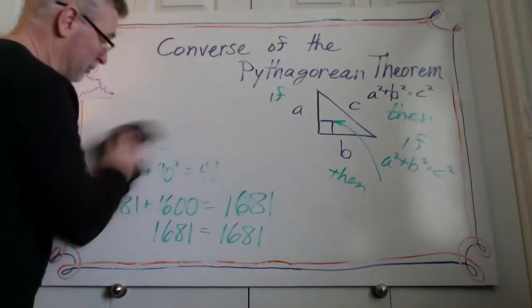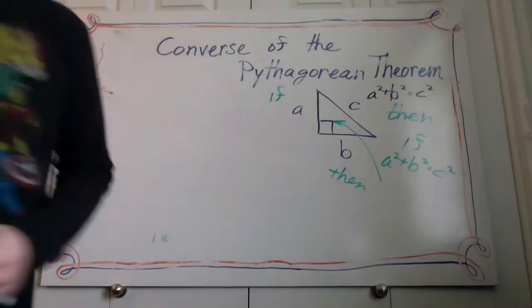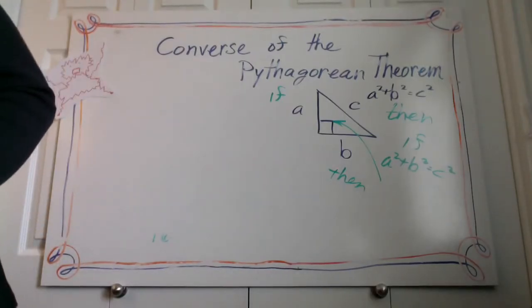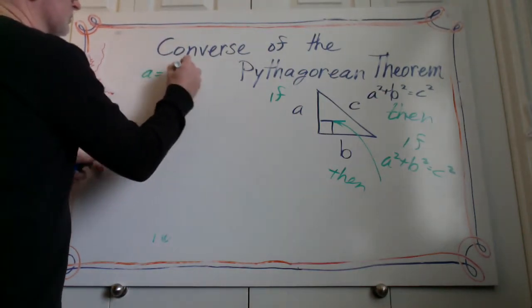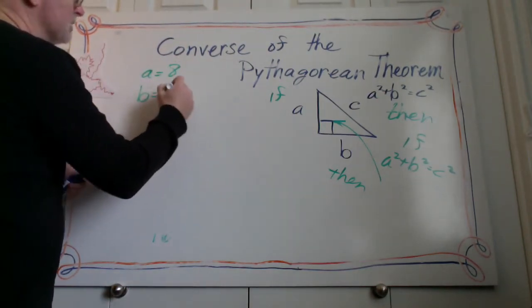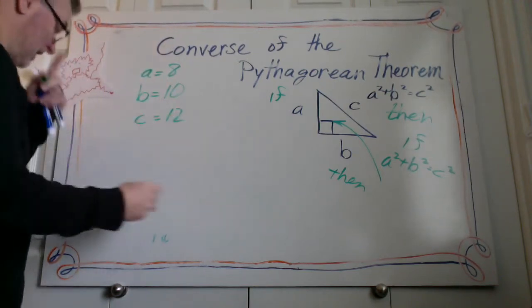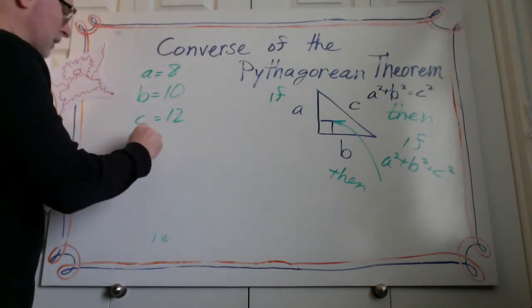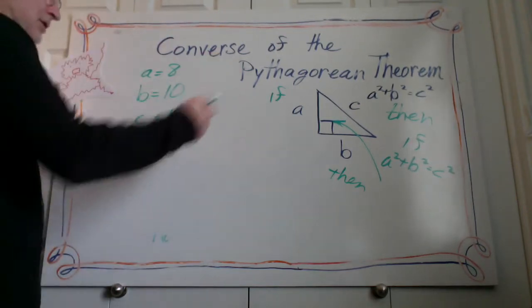The second example in the book looks like this: 8, 10, and 12. So a is 8, b is 10, and c is 12. If a squared plus b squared equals c squared, then it's a right triangle.